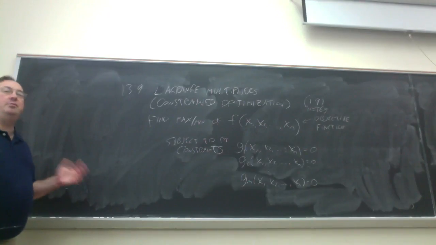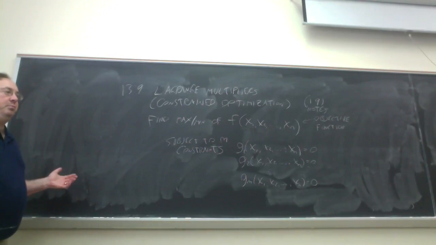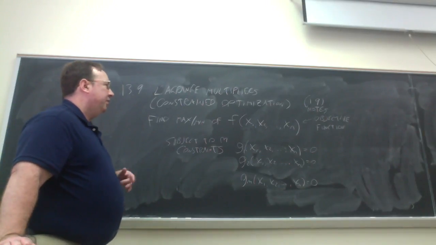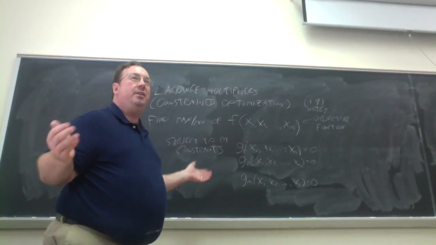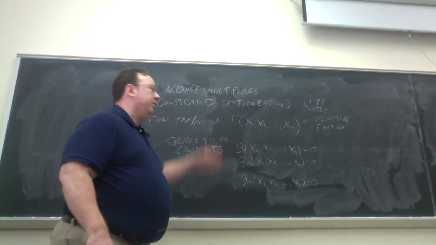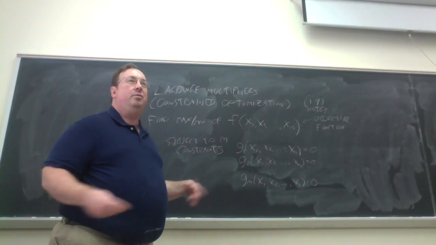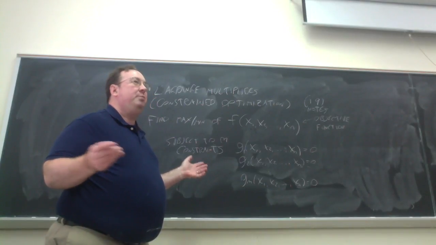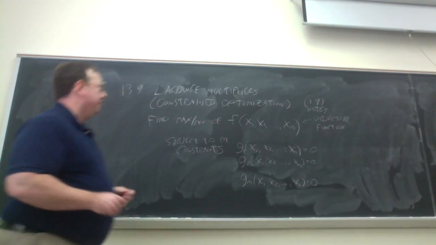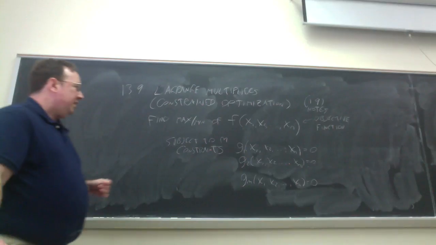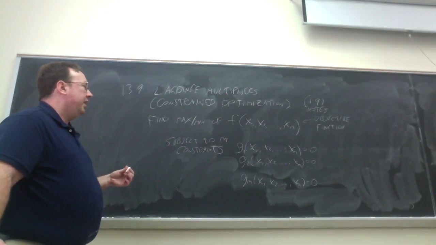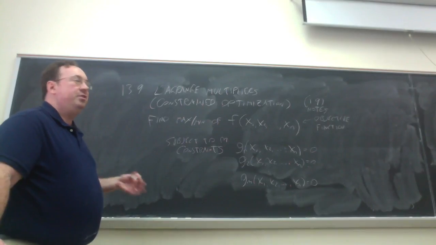This field of optimization is an extremely important field of real applications, certainly in business, for example, because you're trying to maximize something, like profit, subject to a variety of constraints, like constraints on the resources you have. For instance, the amount of space you have for production, for facilities, or time constraints, things like that. So all these things have to be taken into account, and we try to make the best of the situation that you have.